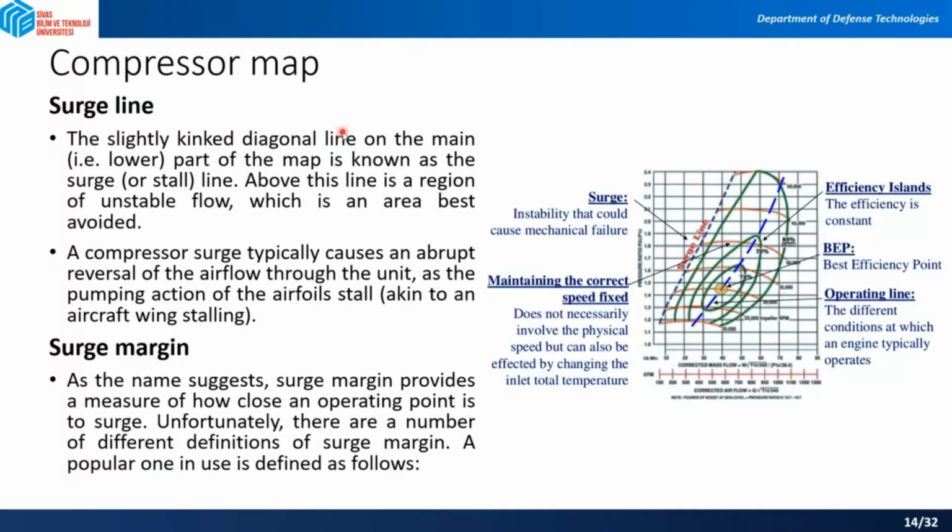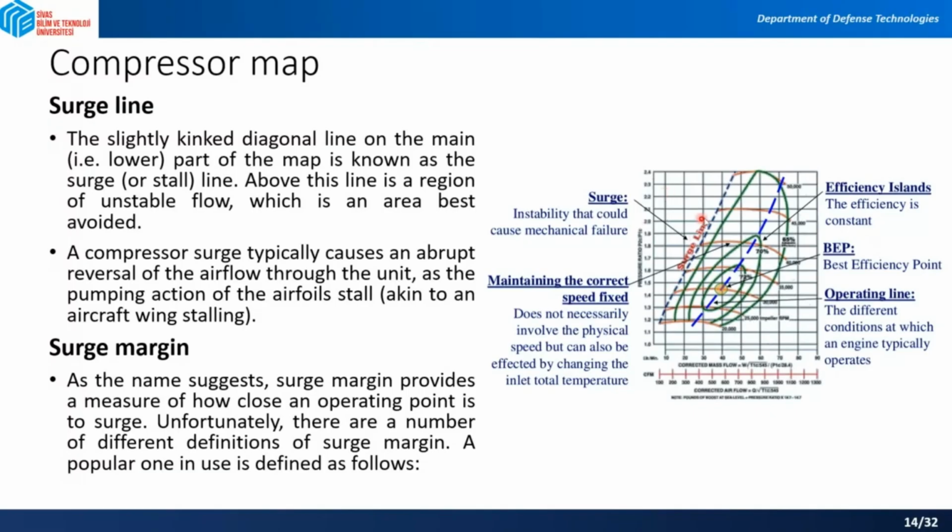In this map, we are showing some stuff, the first one is the surge line. This surge line is the slightly kinked diagonal line on the main part of the map, which we said is a stall or surge line.